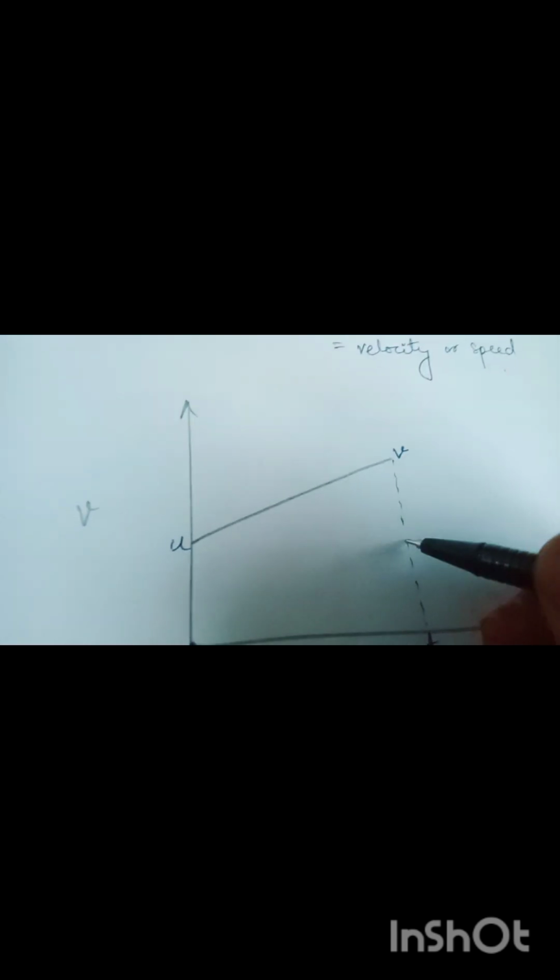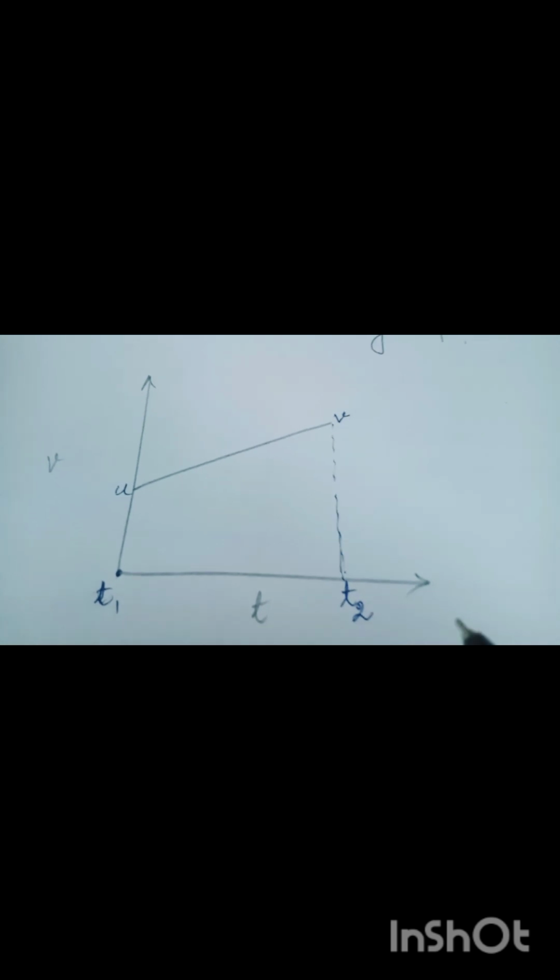So from this velocity time graph also we can calculate the slope. The slope of the velocity time graph gives us what? Change in velocity.